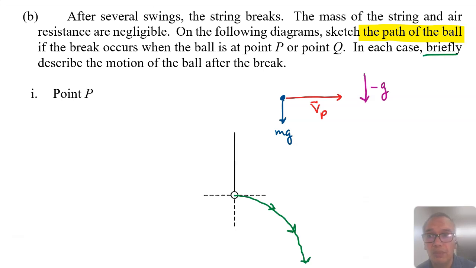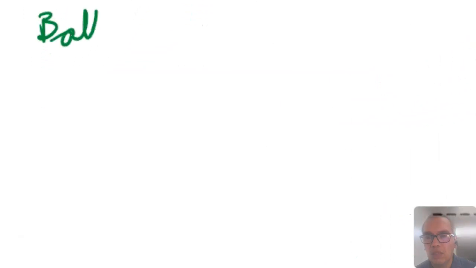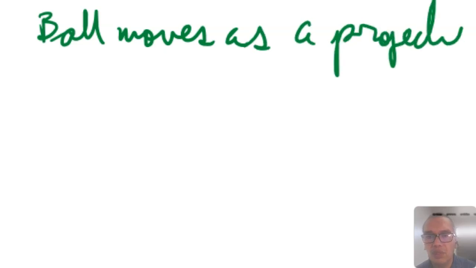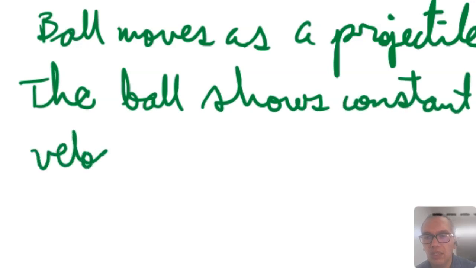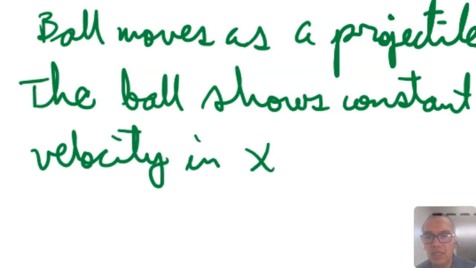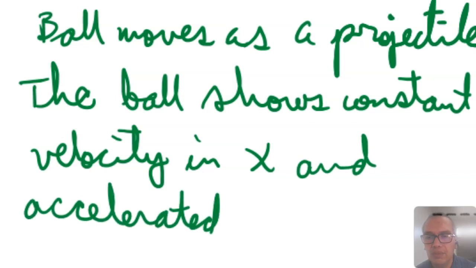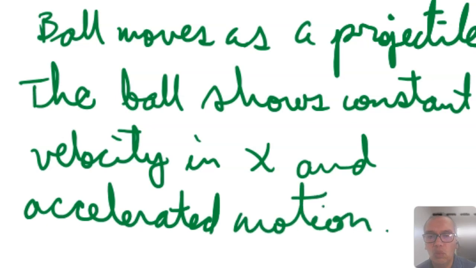And so there are several ways in which you can fulfill the question that they ask you. Remember, they want you to briefly describe the motion. You could say, for example, that the ball moves as a projectile, or more specifically, you could say the ball shows constant velocity in x and accelerated motion in y.